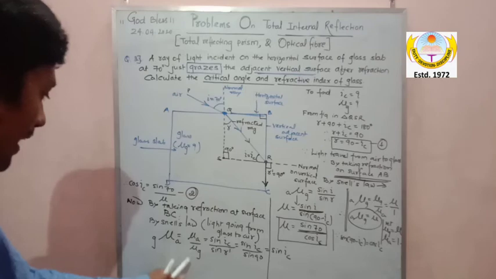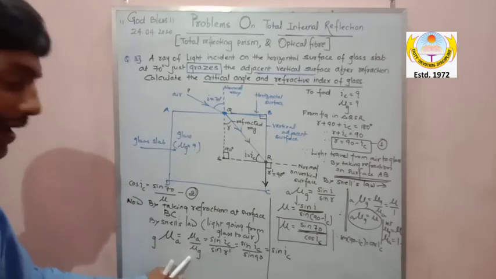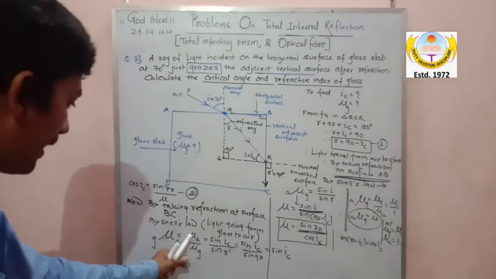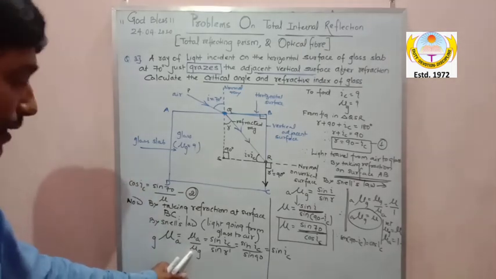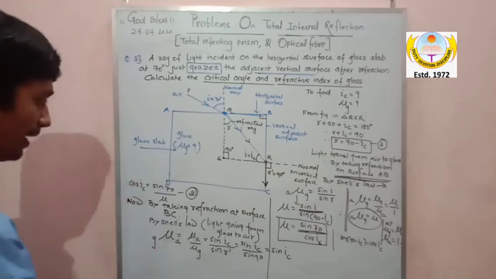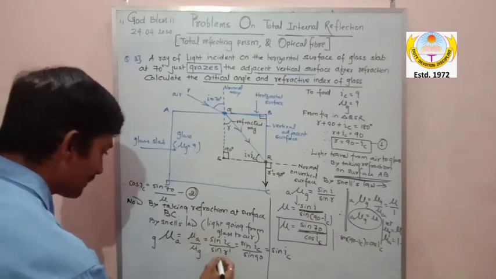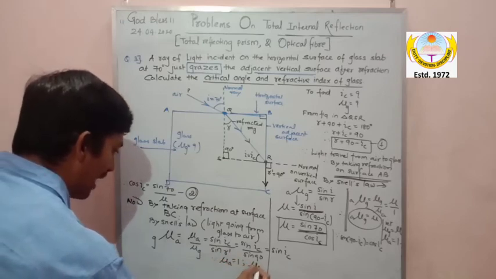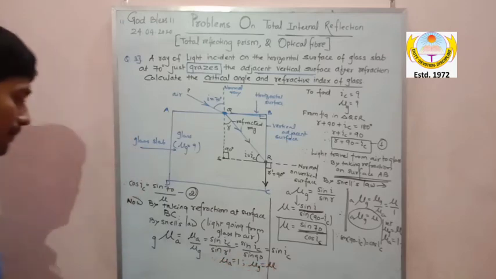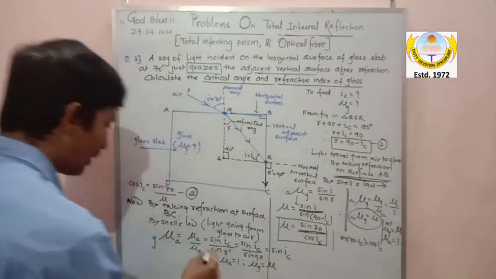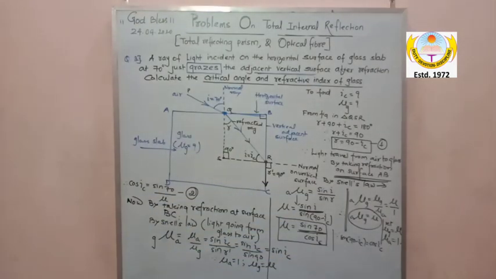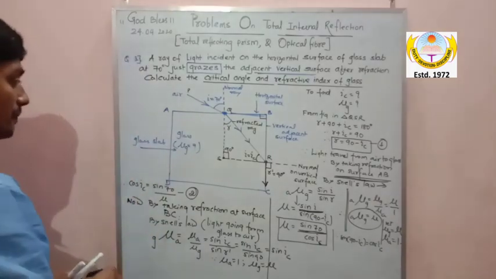But here, try to understand, this is mu of air upon mu of glass. Since mu of air is 1 and mu of glass is mu, what will happen here? I am removing this diagram.